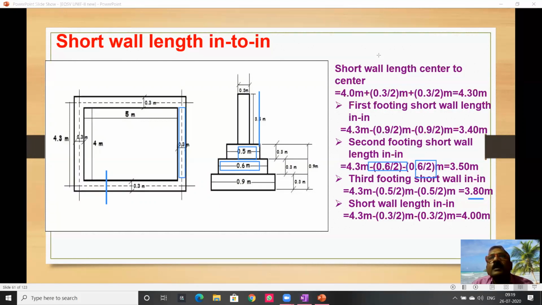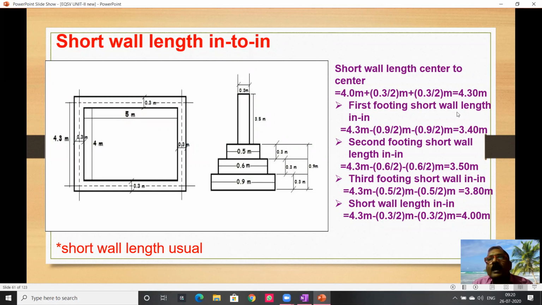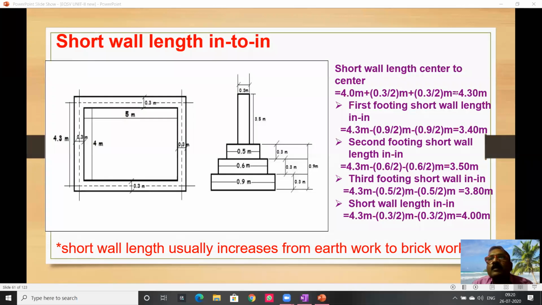So here, observe this, one of the important points. Short wall, as you see, what will happen?